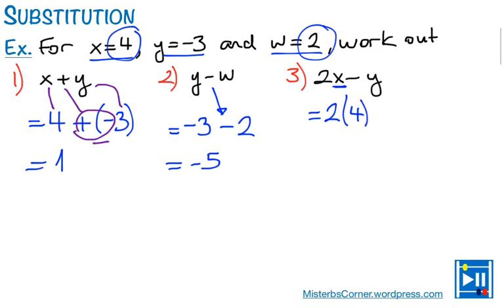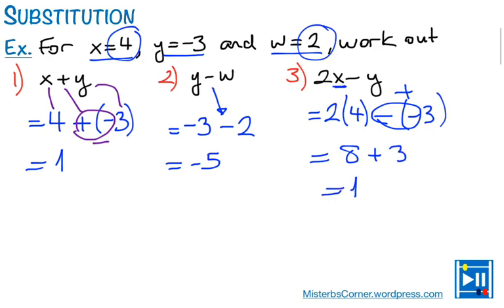This will mean that 2 and 4 is in multiplication. So it's 2 times 4, right? Minus, the y value is -3. So what I'll have is 2 times 4 is 8. Minus and minus together will make it plus. So that's going to be 8 plus 3, which will be 11.